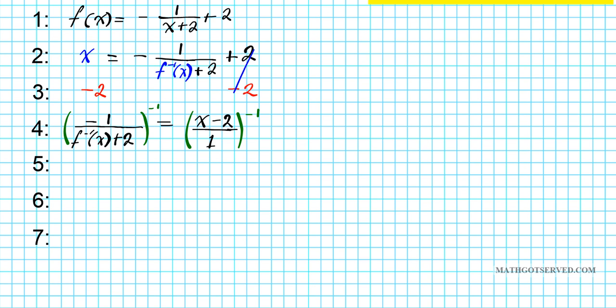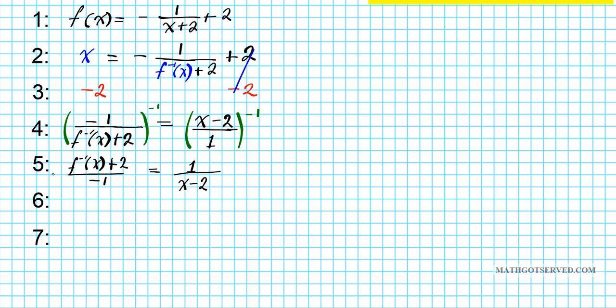Now what does that yield? That gives us f inverse of x plus 2 divided by negative 1 equals, we'll reciprocate the right side also, 1 divided by x minus 2. Now we need to just get rid of the negative 1 in the denominator and the plus 2.